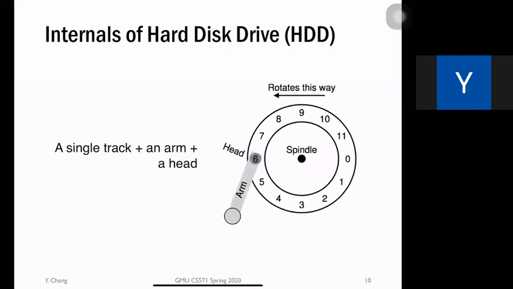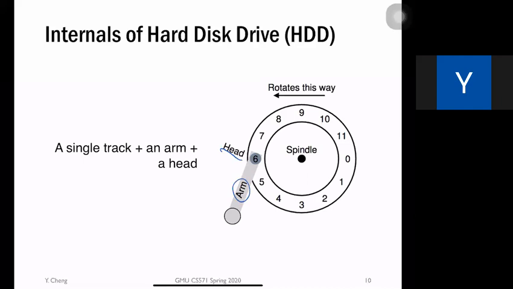Okay, so here it shows more pieces of hardware. It shows what is called a disk arm. Okay, over here, and at the end of this disk arm is what is called a disk head. Essentially, this part, the disk head, is the unit responsible for data reading and data writing.